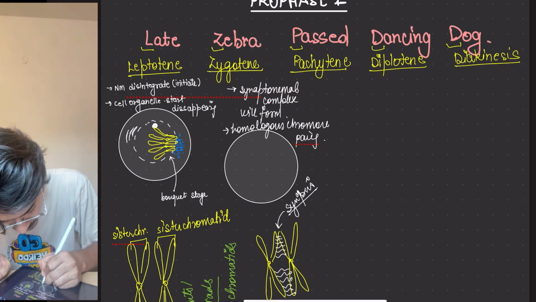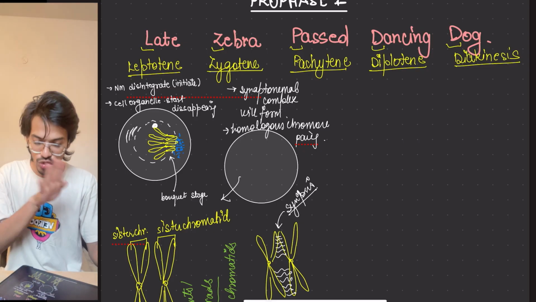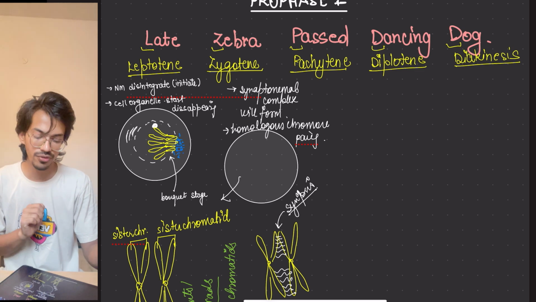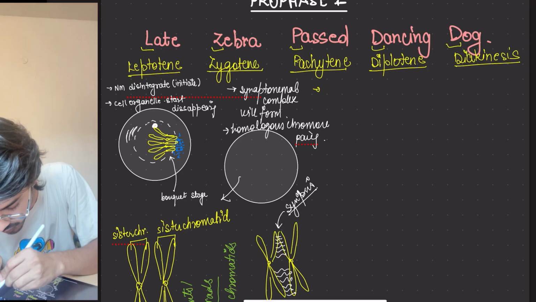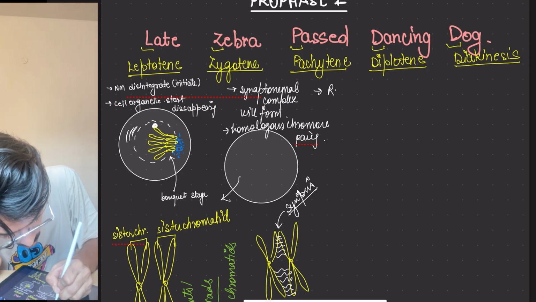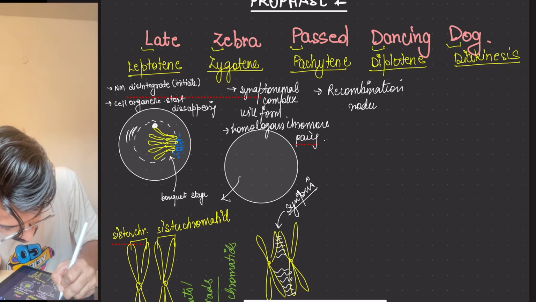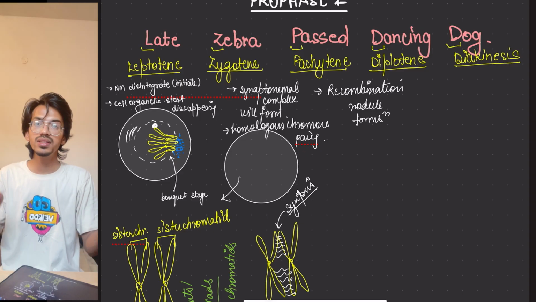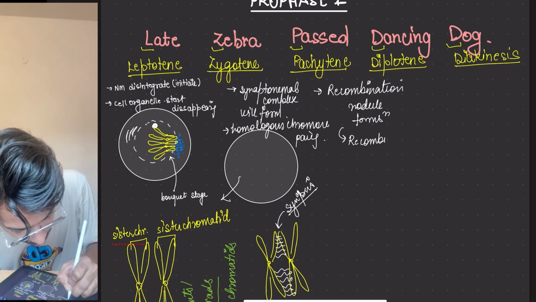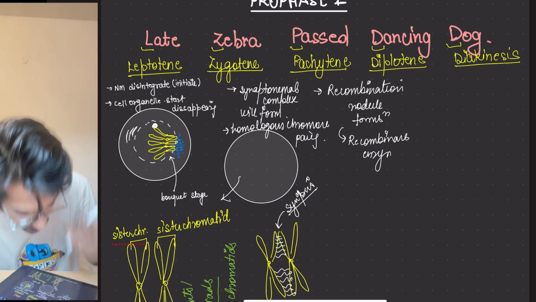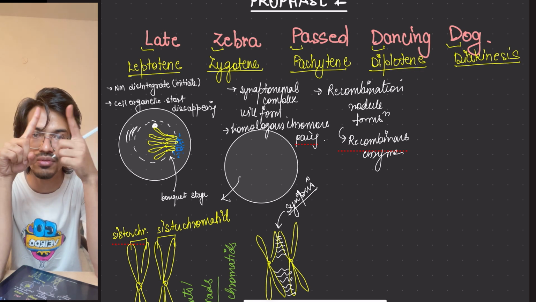I have already told you what is happening inside it. Moving to the next one, pachytene. The first two stages, leptotene and zygotene, are very short lived, followed by pachytene. During pachytene, recombination nodules will form, in the presence of an enzyme called recombinase. Once the nodule has formed, certain structures which are present here will go here and there.